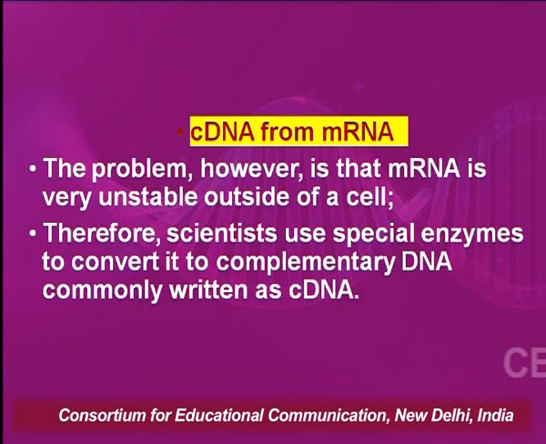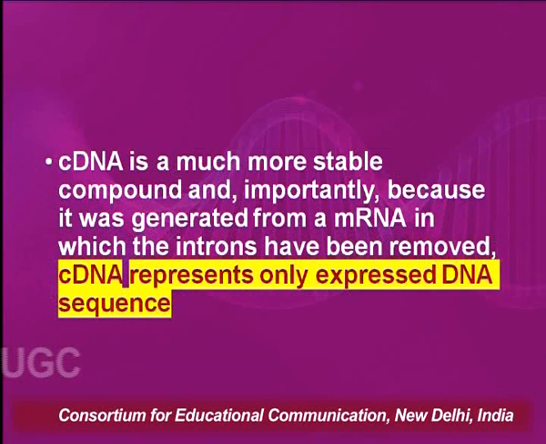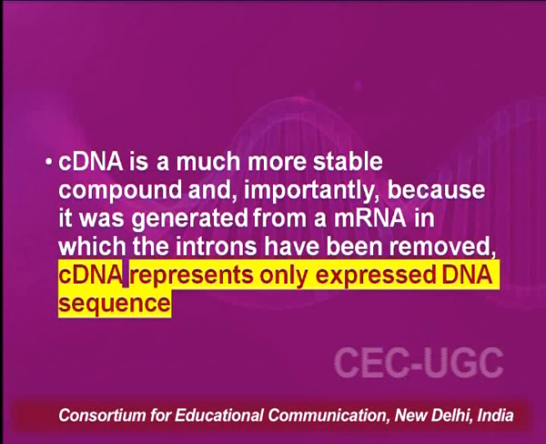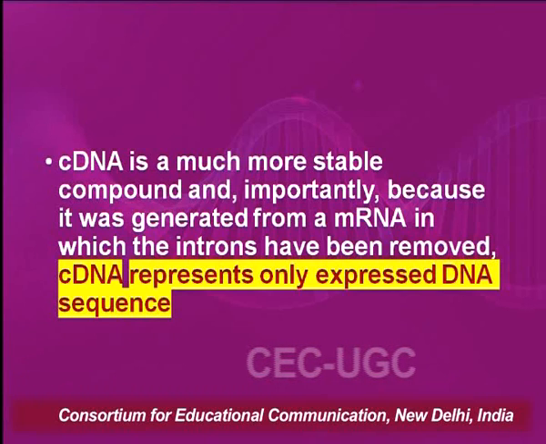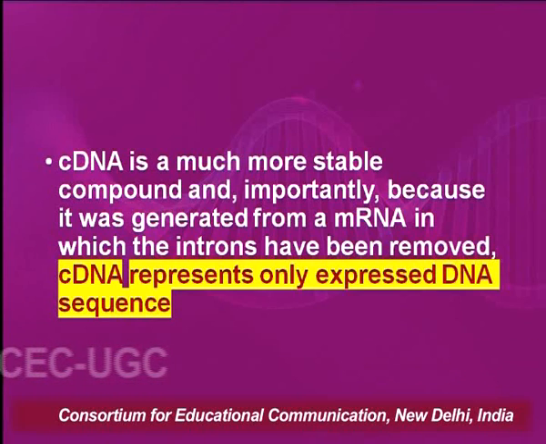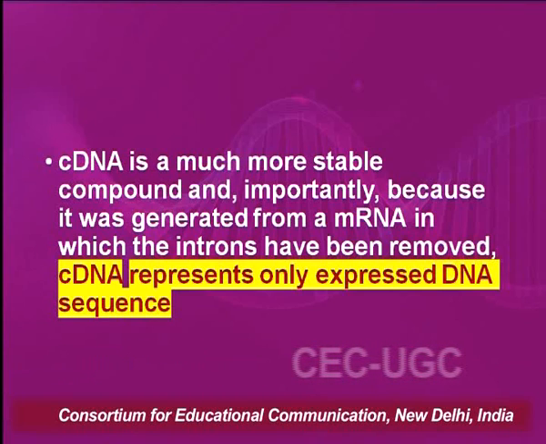The benefit of this cDNA is that it is a much more stable compound, and because it is generated from the mRNA, introns are removed. So this shows you the final sequence representing the product. This cDNA is advantageous, and we could use it to synthesize a double stranded cDNA.